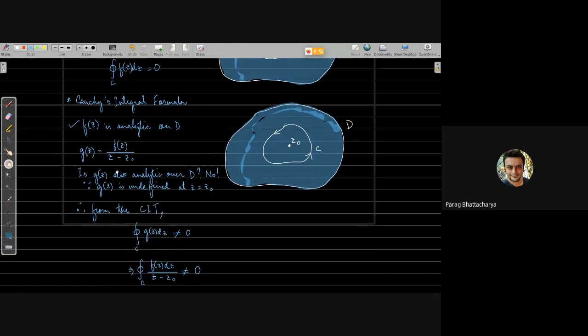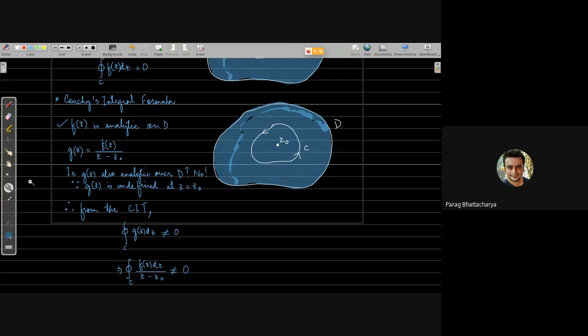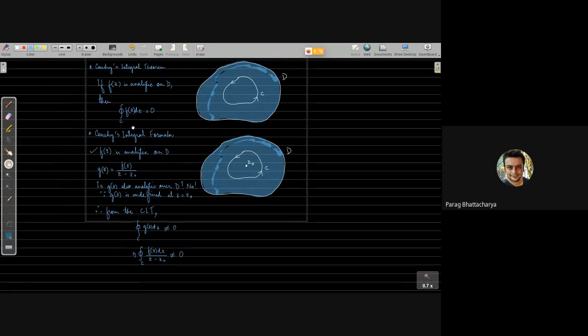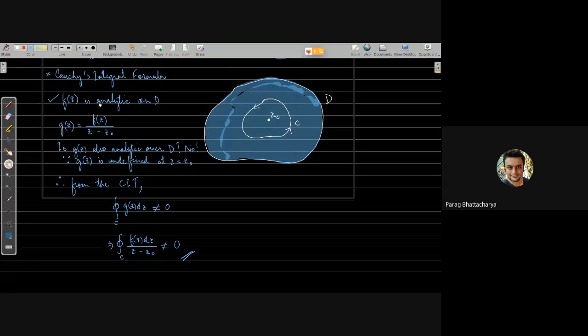Is that understood? The difference here is that f is analytic, so its integral over c is zero, but f divided by z minus z naught is not analytic, so its integral is not zero. So what is it?